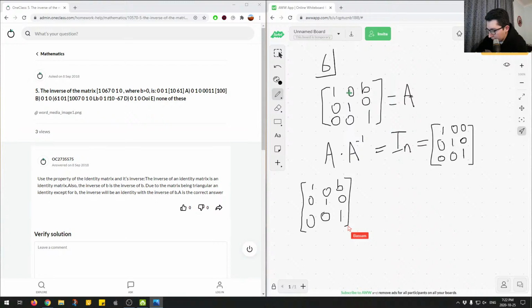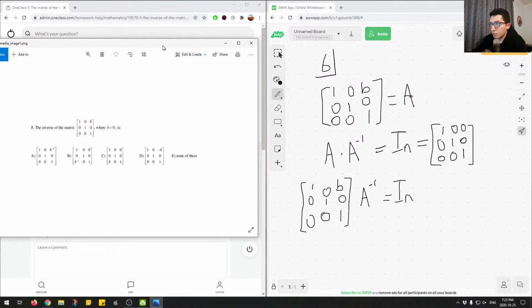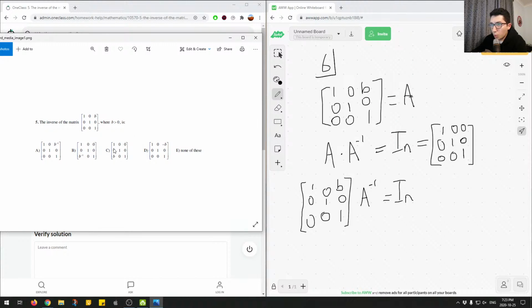And then we'd have A inverse equal to this. When we're looking at the options, we can just go through each option one by one and see which one works, and that ends up giving us this matrix.